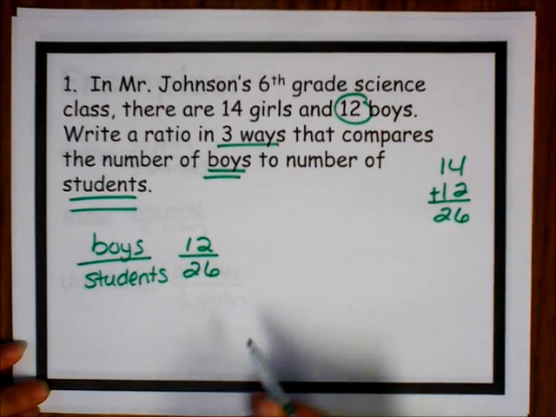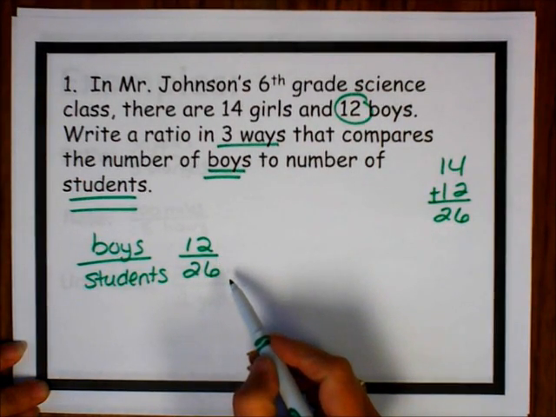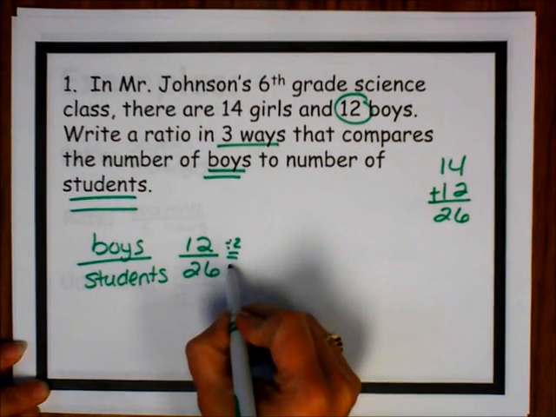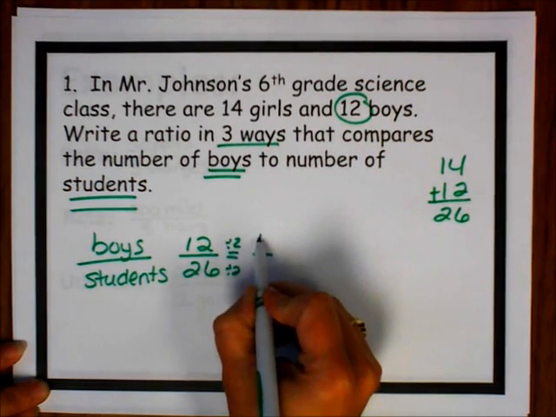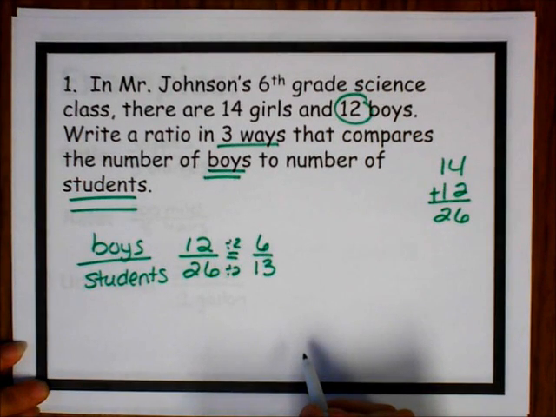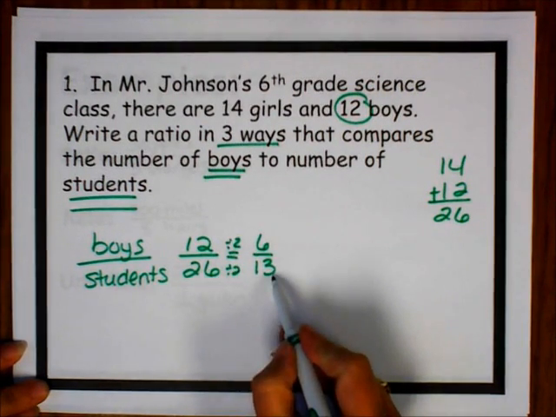Now notice that 12 over 26 is not in simplest form, so I need to simplify it. Notice they're both even, so I can divide by 2 to get 6 to 13. I cannot simplify any further because the bottom number is prime.